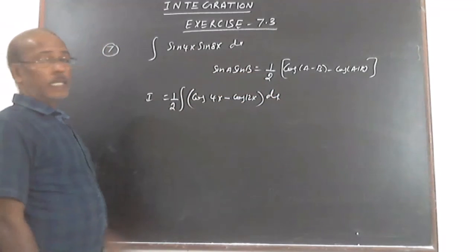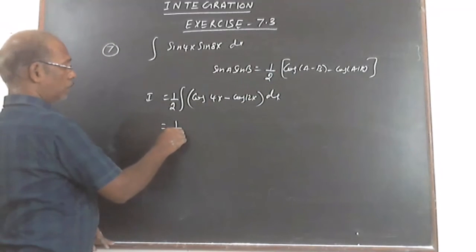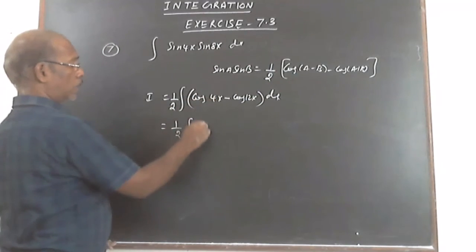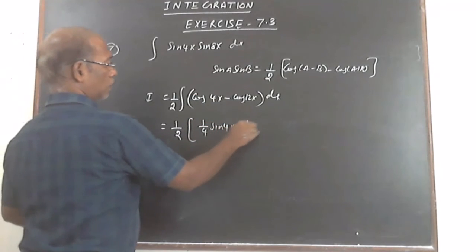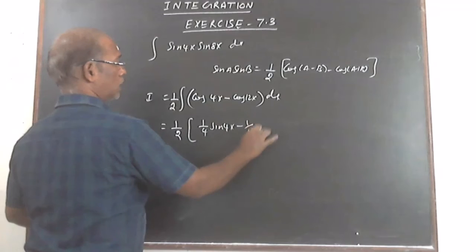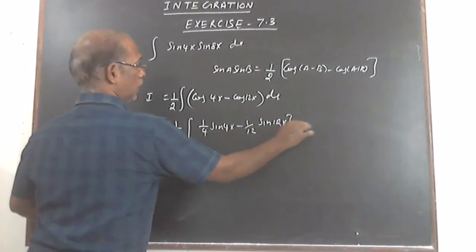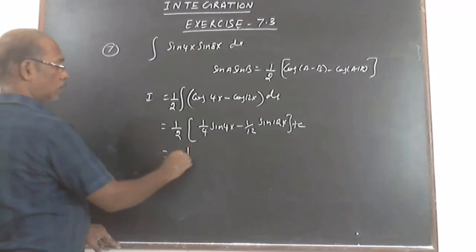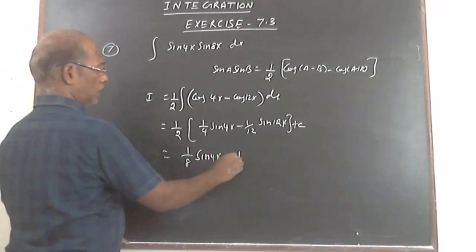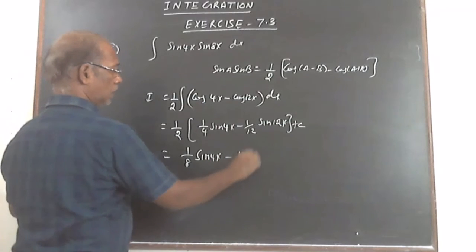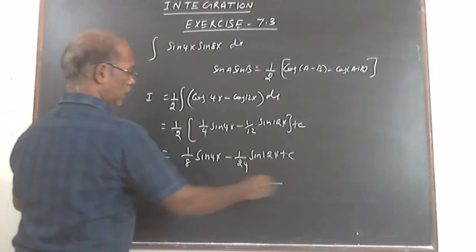This is the basic identity. We have to use this identity. 1 by 2 integral of cos 4x gives 1 by 4 sin 4x minus 1 by 12 sin 12x, with the integral constant. So 1 by 8 sin 4x minus 1 by 24 sin 12x with the integral constant.